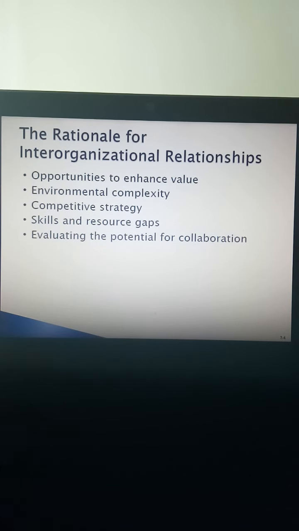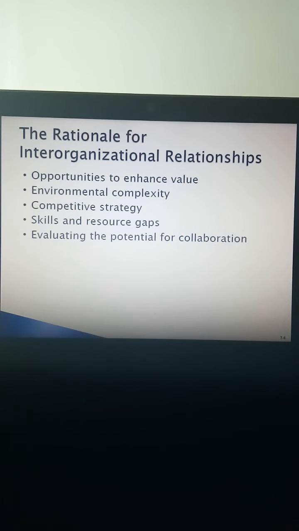Markets today offer opportunities to enhance or increase value. The organizations also may couple or increase their competencies to offer superior customer value. Through interorganizational relationships, the strategic relationship offers much more attractive value offerings.